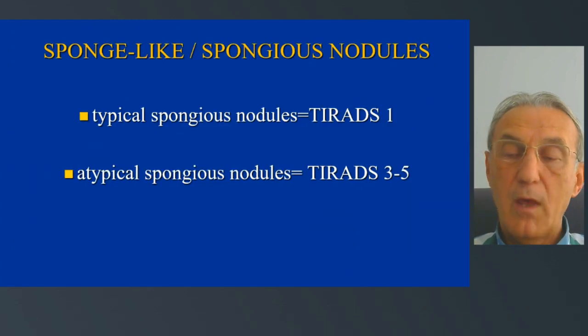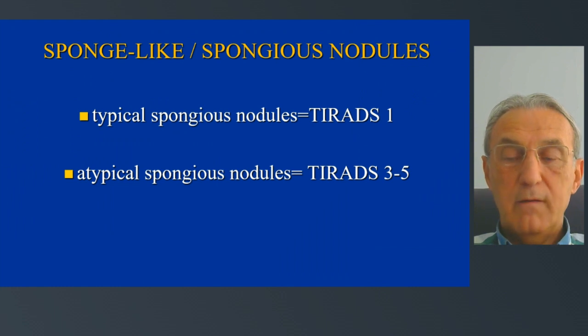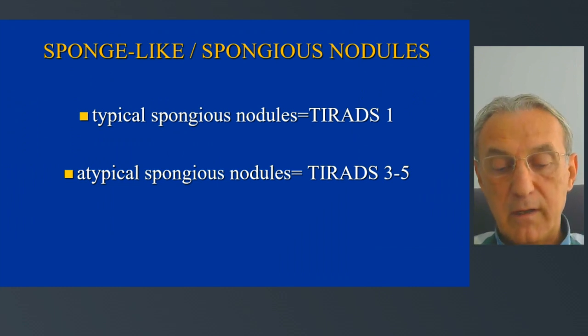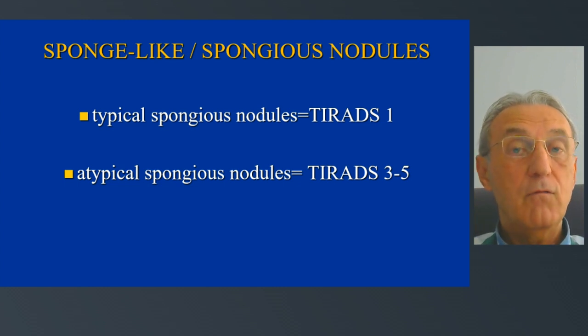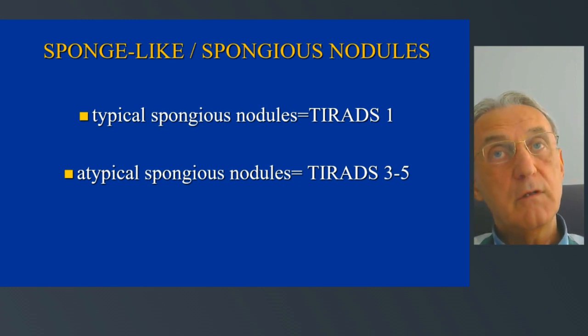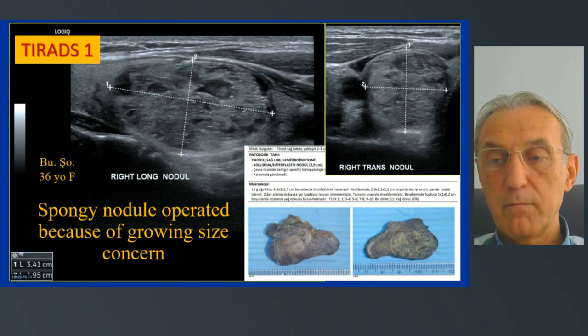So if we are sure that a nodule is spongious, if it is typical, then it's thyroid 1. But in practice, we meet many atypical spongious nodules, and then we have the problem if this is thyroid 1, if this is thyroid 3 or thyroid 5.